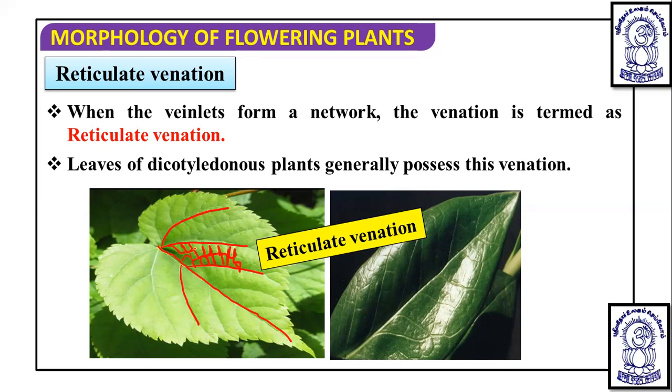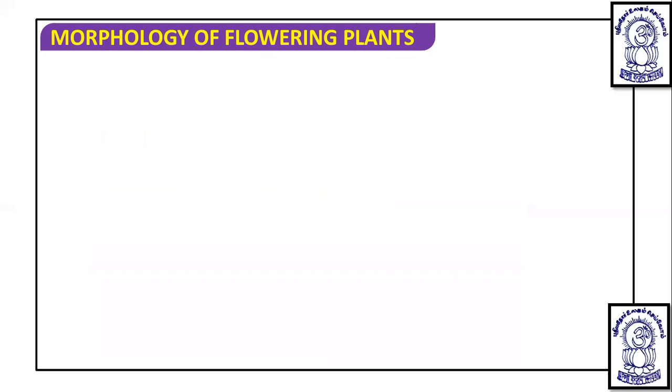So these veinlets are forming a network, and this net-like structure is seen everywhere, so it is known as reticulate venation. You can see here also, this is the vein, but these veins are forming a small network here. So when veins form a network, it is known as reticulate venation, which is common in dicots.